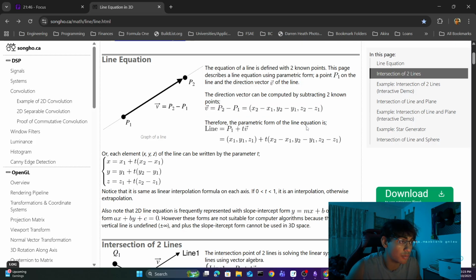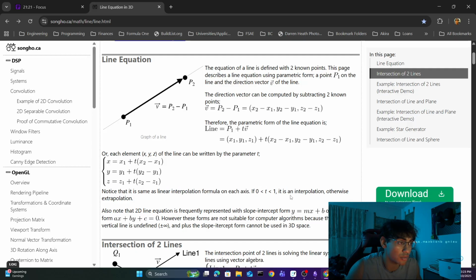Therefore, the parametric form of the line equation is the first point plus the parameter t times the direction vector. Or each element x, y, z of the line can be written by the parameter t. Notice that it is the same linear interpolation on each axis.